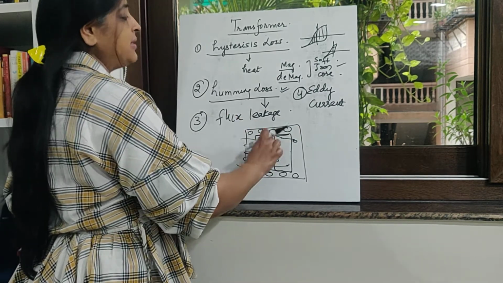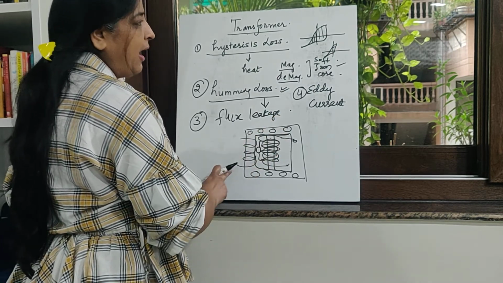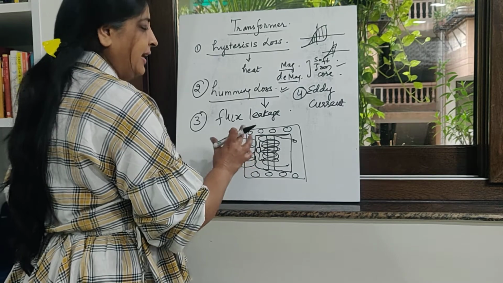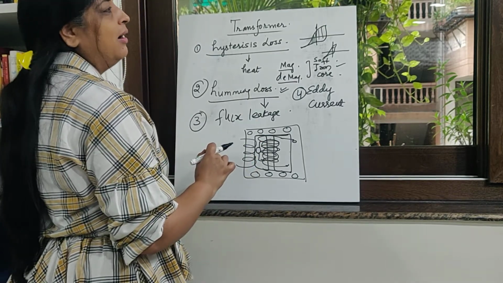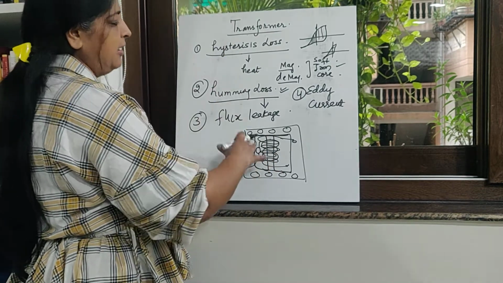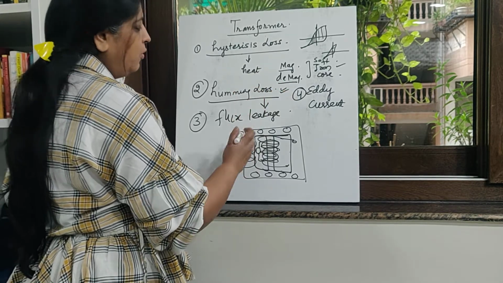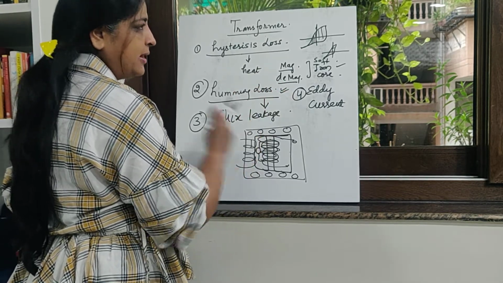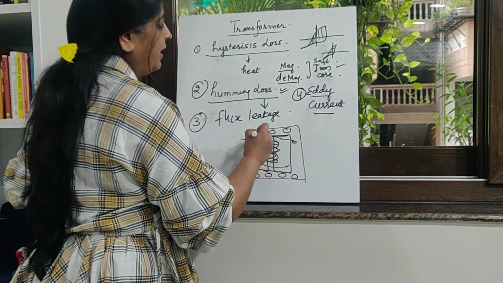Sometimes the core gets so heated up that even the coil that you have wound over it melts and gets stuck to it, and the transformer doesn't work then. Or you hear a huge blast, when the two coils get attracted to one another because they have melted. So eddy currents produce a lot of heat over here.